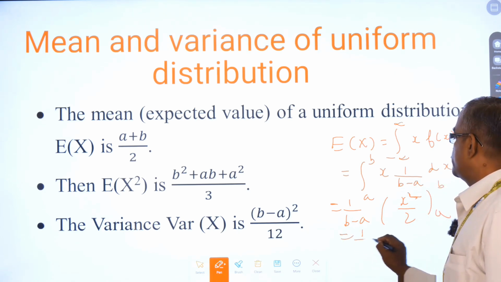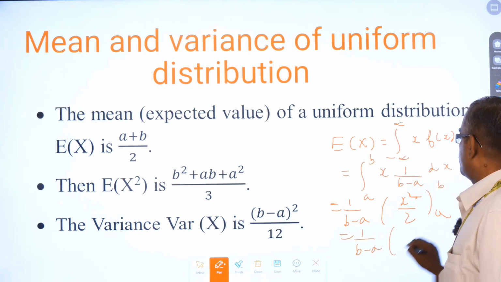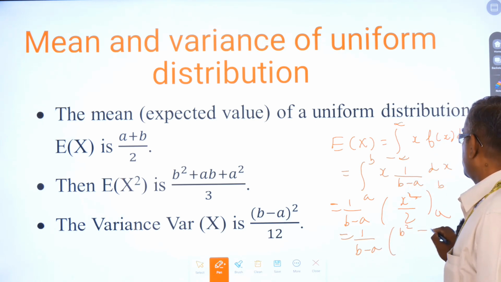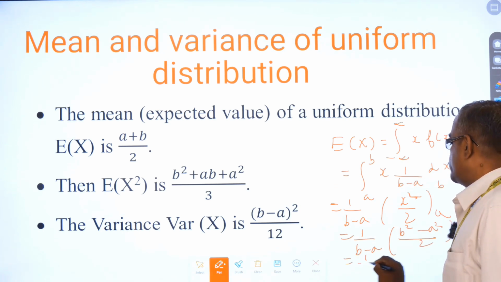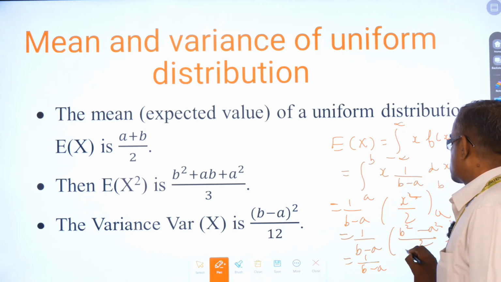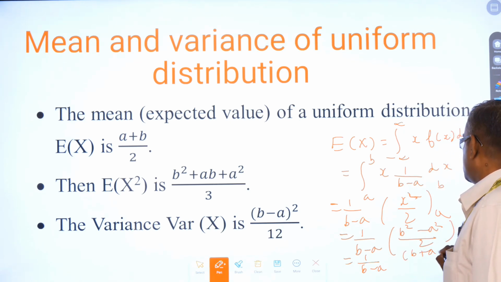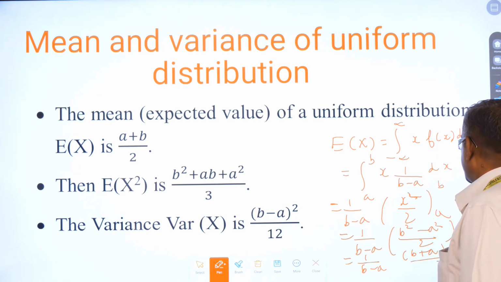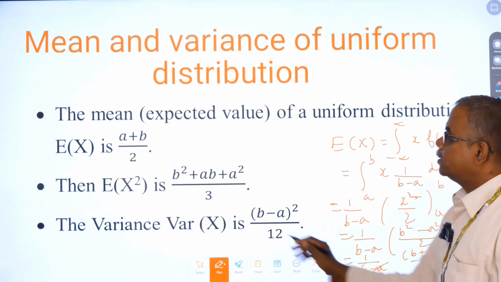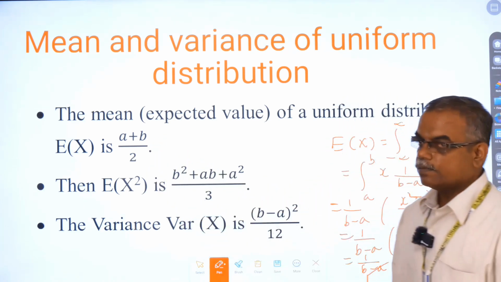Putting the upper limit b squared and lower limit a squared, divided by 2, this is 1 by b minus a times b plus a into b minus a divided by 2. Cancelling, we get b plus a by 2, that is the mean.